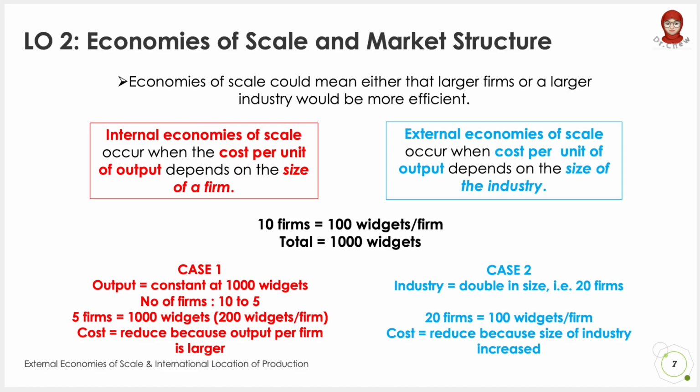For example, a bigger industry may allow more efficient provision of specialized services or machinery. If this is the case, the industry exhibits external economies of scale. That is, the efficiency of a firm is increased by having a larger industry even though each firm is the same size as before.